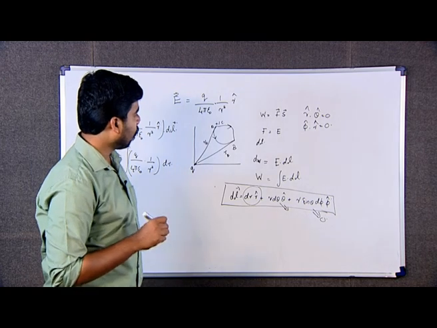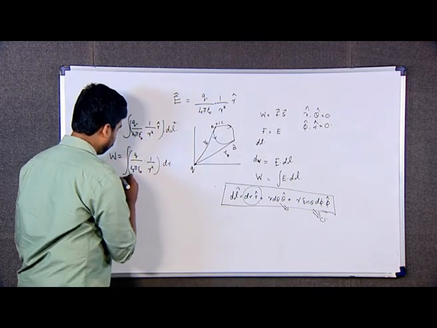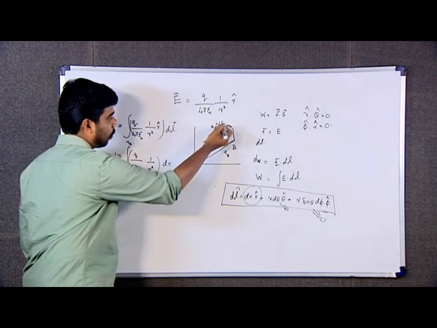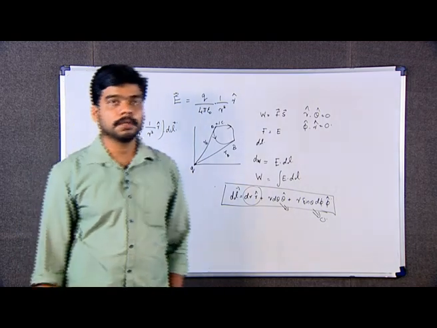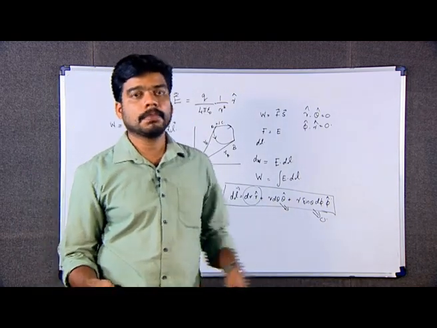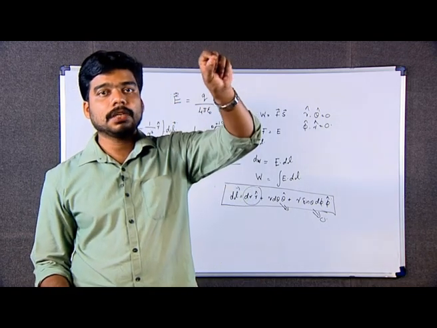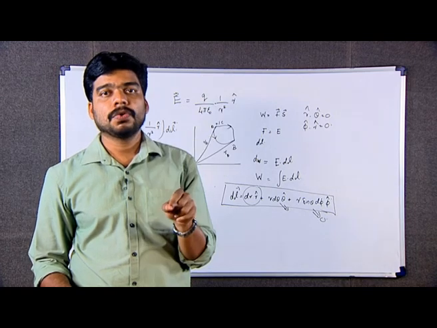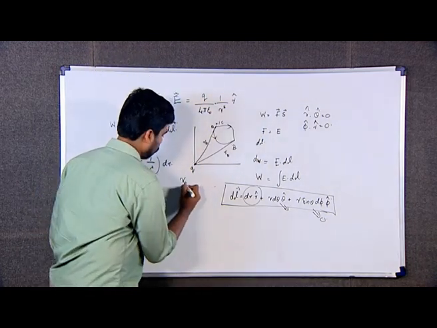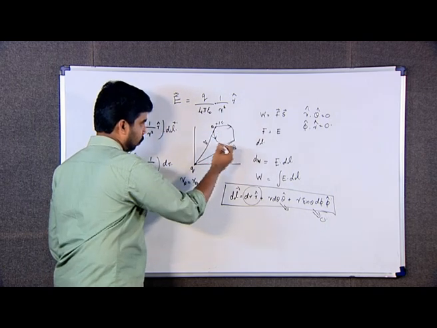But how will we choose the limit? We should choose the limit of r from Ra to Rb, because we are moving from the point A to point B. But if you start from A and then you come again to the point A, Ra will become Rb. That means you have completed one rotation.